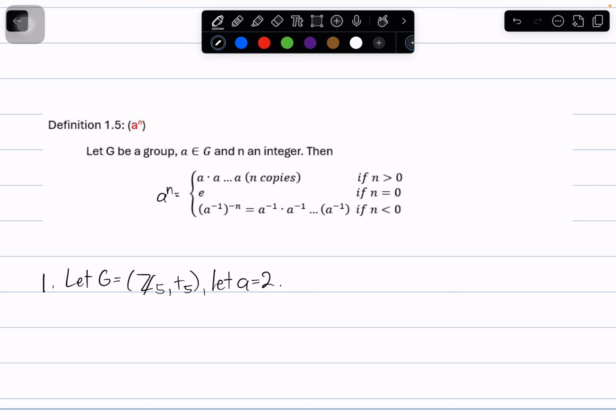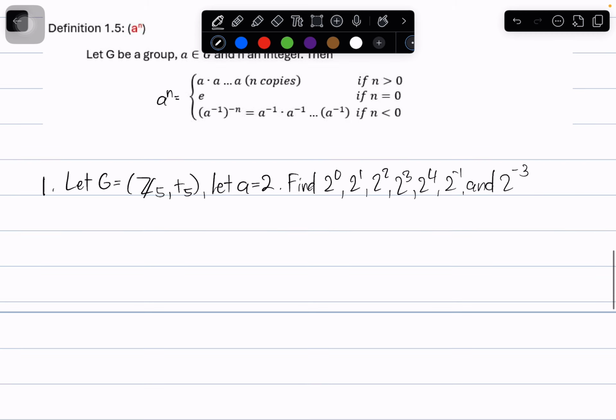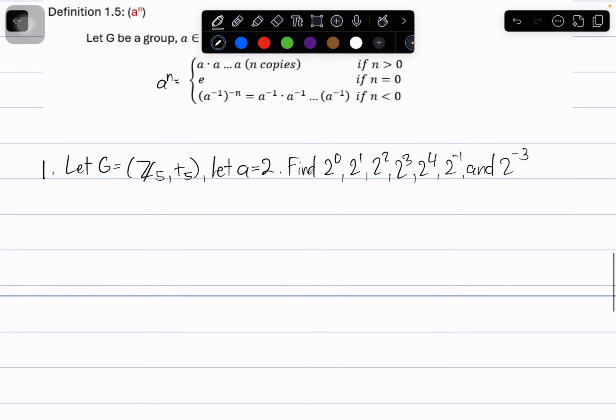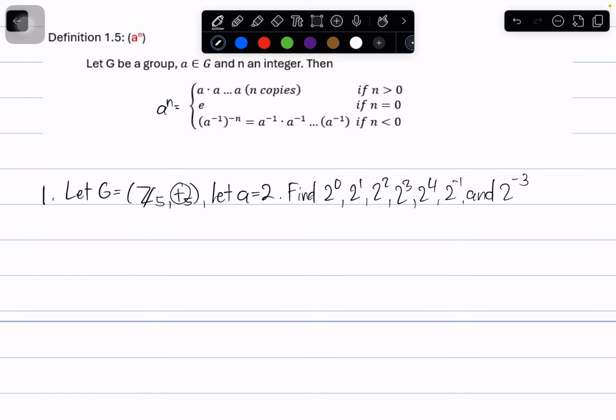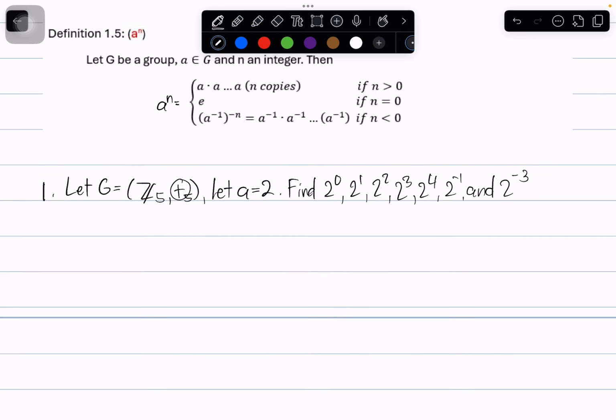Now, we're going to find 2 to the 0, 2 to the 1, 2 to the 2, 2 to the 3, and then 2 to the 4, 2 inverse, and 2 to the 3 inverse. So, let's try to find that. Since the operation is addition, let's have the first one.